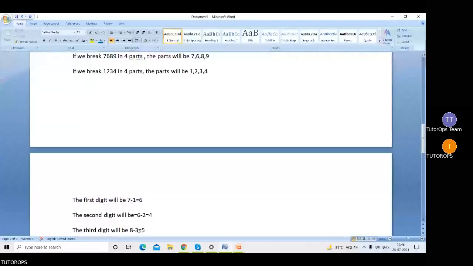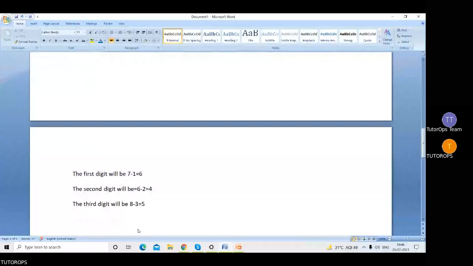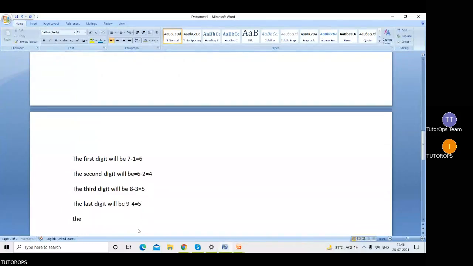And finally, the last digit will be 9 minus 4, that is 5. So the result is 6455. So we can do it by breaking in 4 parts also.